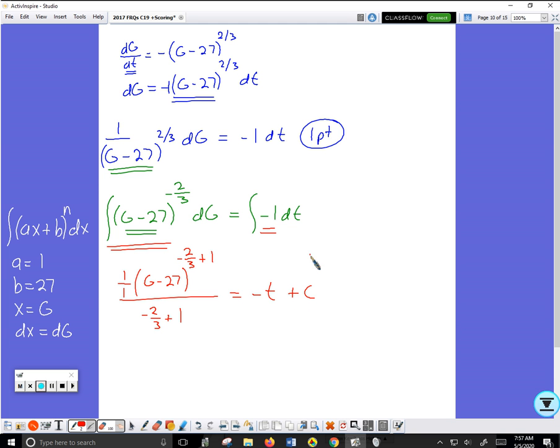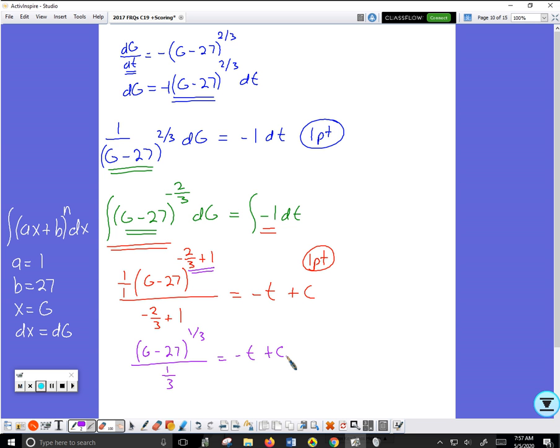Get that far, get one more point. And now we want to find the constant. So let's clean this up a little bit. This is going to be g subtract 27 to the negative 2/3 plus 1, which is positive 1/3. So that's divided by positive 1/3 equals negative t plus c.